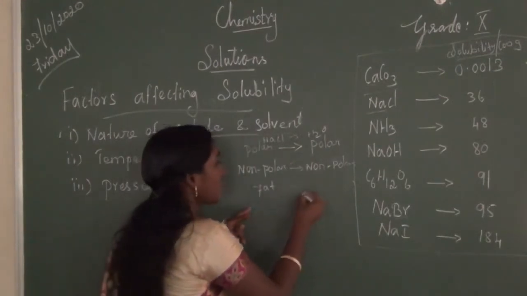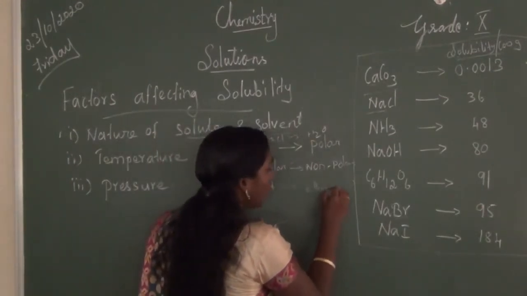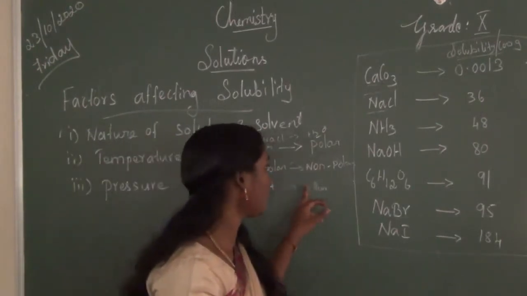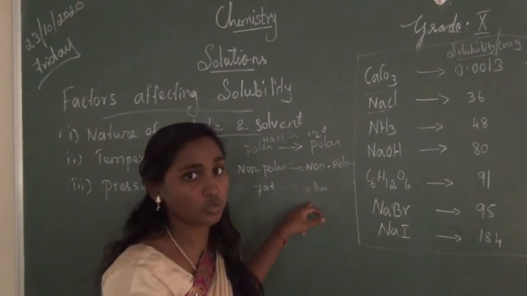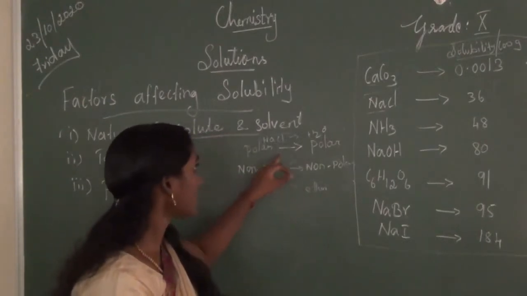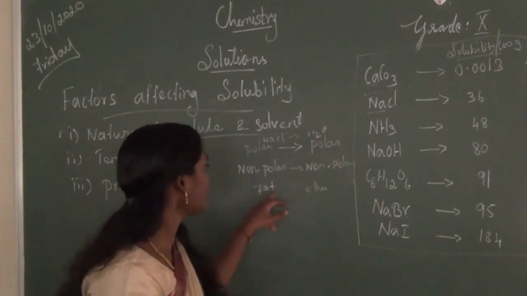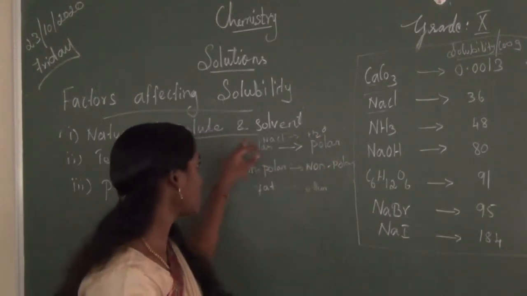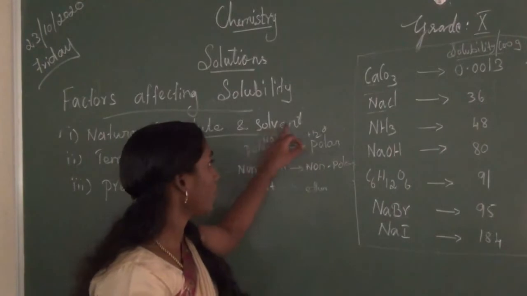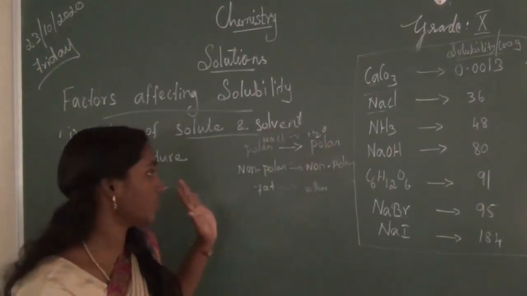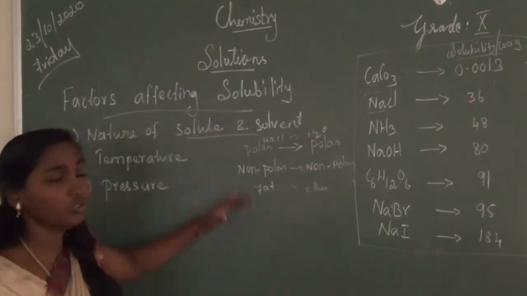So fat dissolves in ether, a non-polar solvent. Fat dissolves in which solvent? Ether. This is one more question, so please underline it. Sodium chloride dissolves in water, and fat dissolves in ether. That means polar dissolves in polar solvent, non-polar dissolves in non-polar solvent. This is the nature of solute and solvent.